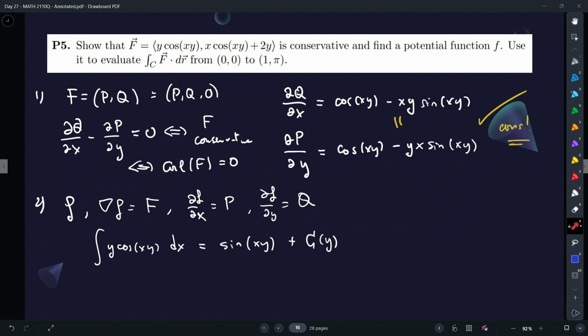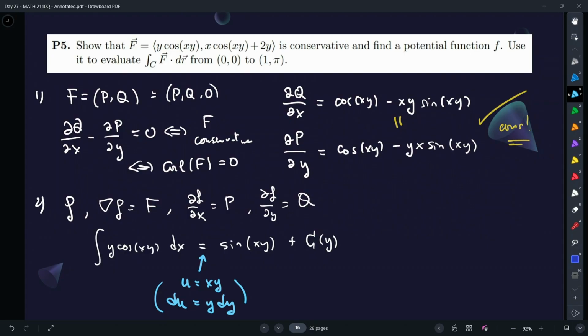If you don't see how to do this, you can just do a u substitution. If you substitute u equals xy, then du with respect to x is just y dy, and then you see that that integral is going to come out nicely with a u substitution.